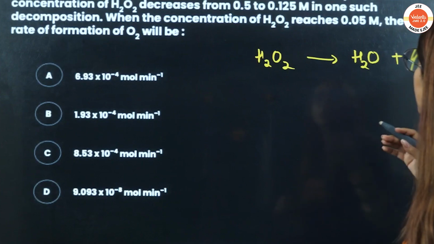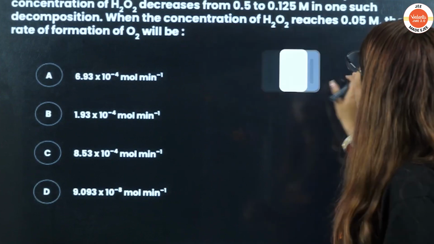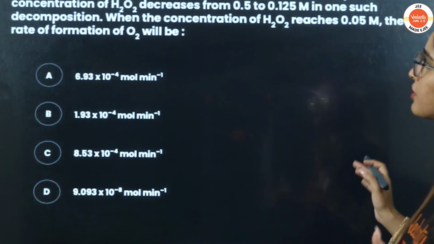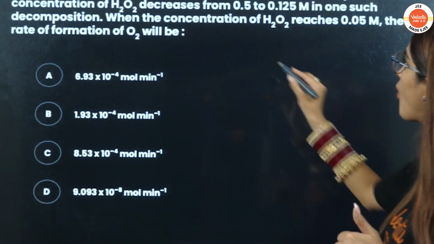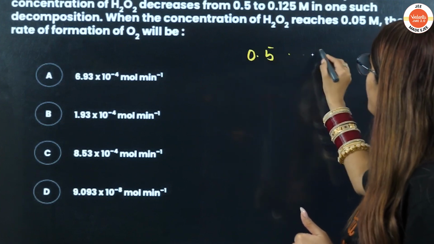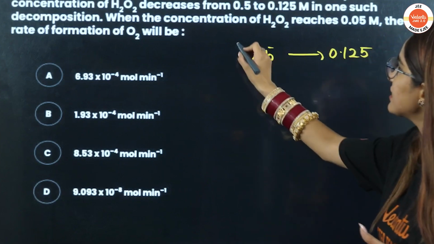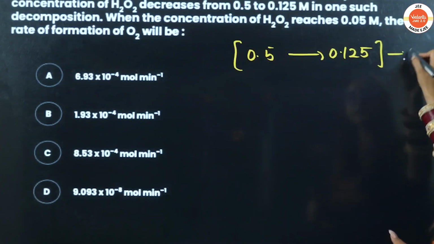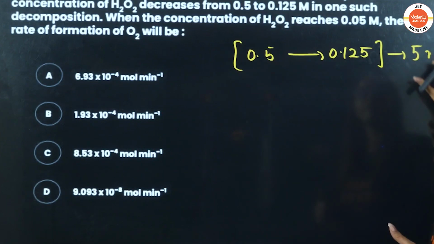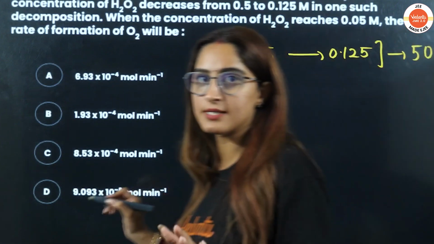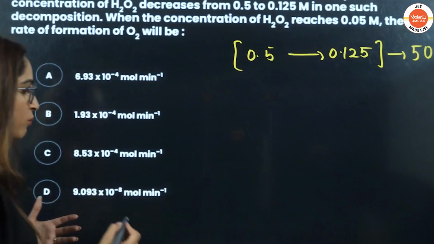In 50 minutes, the concentration of H2O2 decreases from 0.5 to 0.125. Okay, this happens in 50 minutes. It is not a direct formula based question.